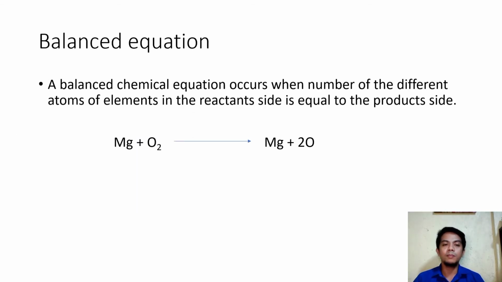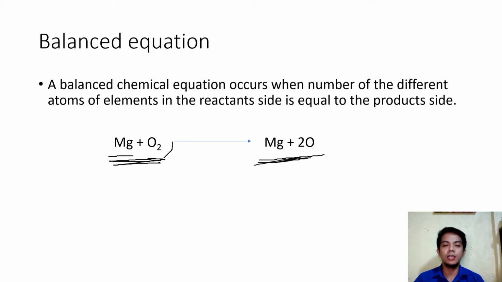So what is a balanced chemical equation? A balanced chemical equation occurs when the number of the different atoms of elements on the reactant side is equal to the product side. This is the reactant, magnesium plus oxygen, and the product is magnesium oxide. But this time, we need to balance the reactant to product.